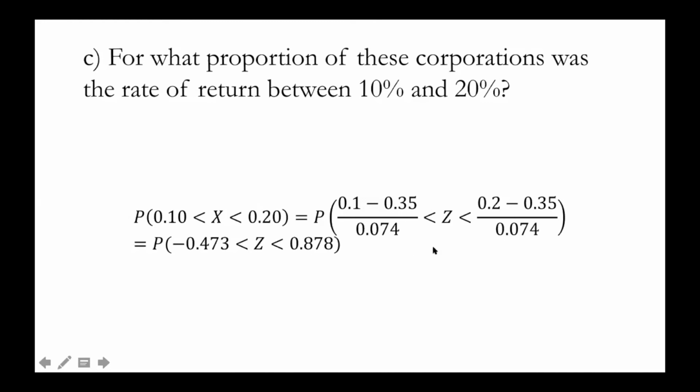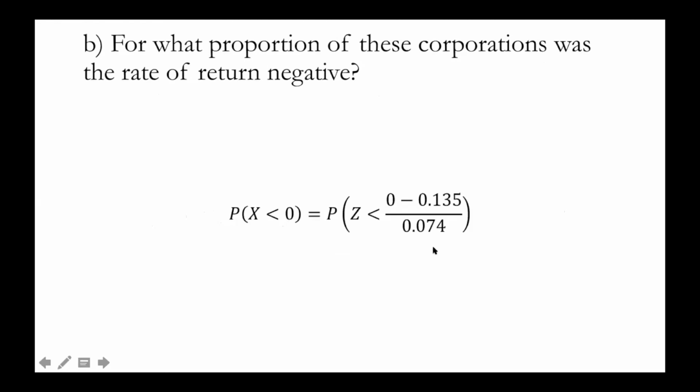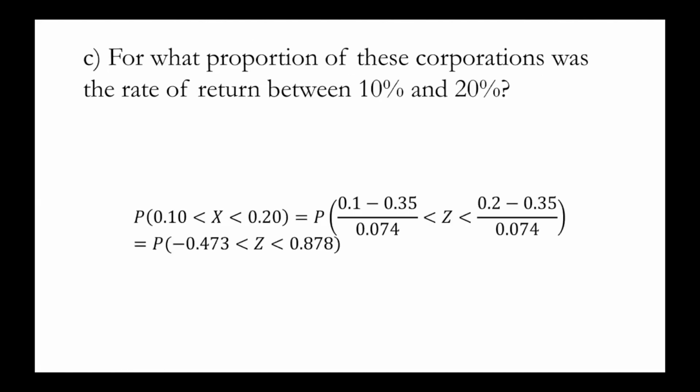In contrast to the previous one, which was a one tail test, here you have a two tail test. So you follow the same method, but here you have two tails, the lower bound and the upper bound.